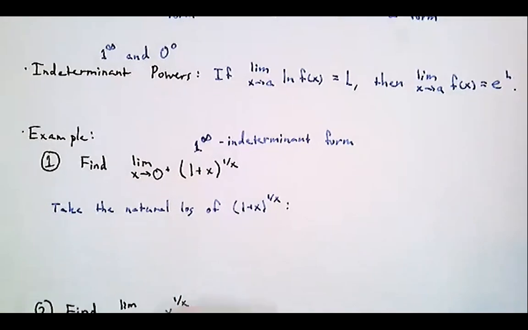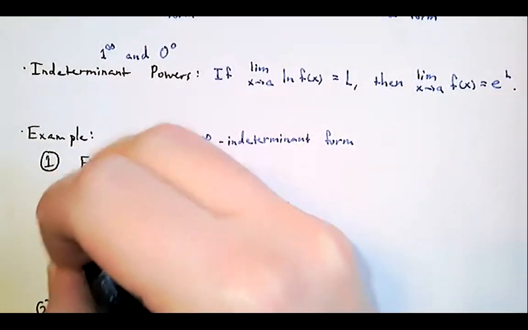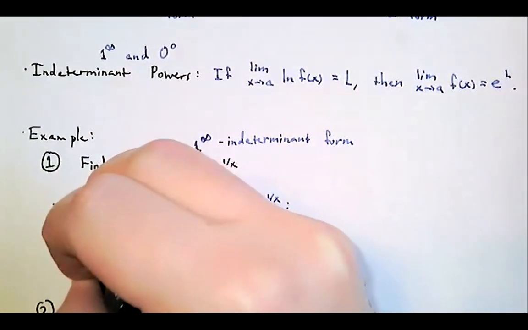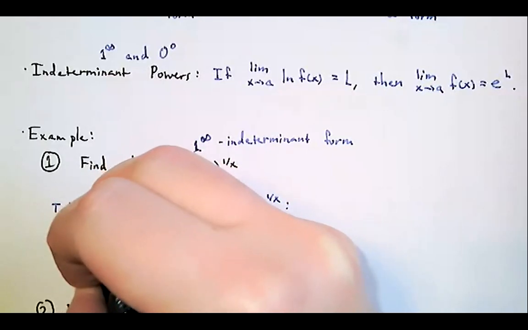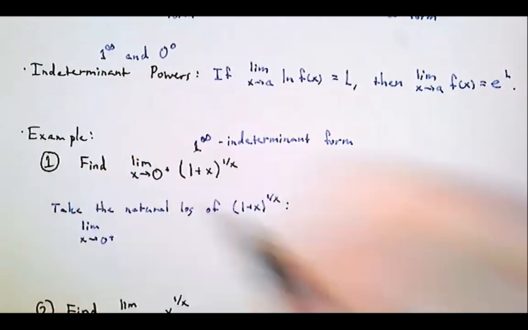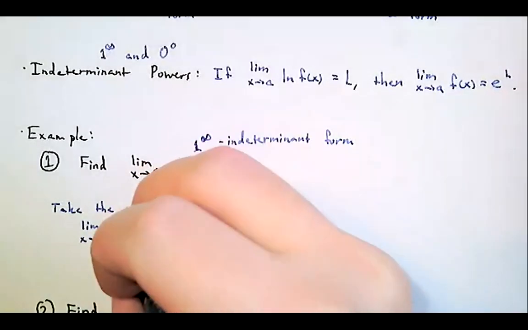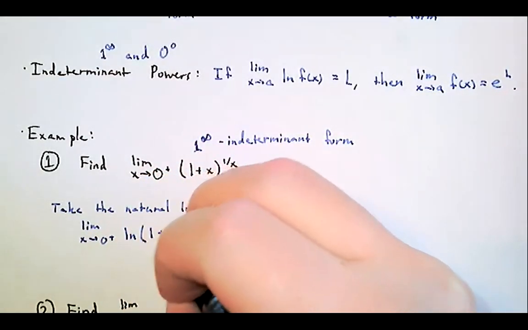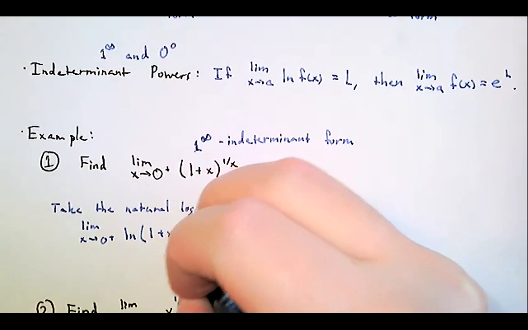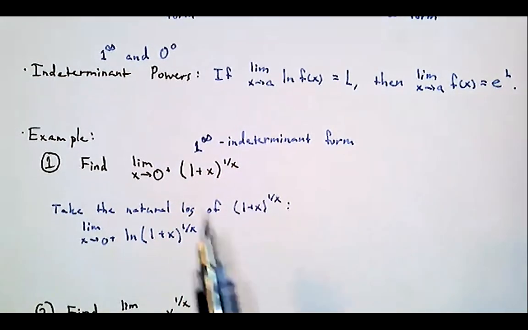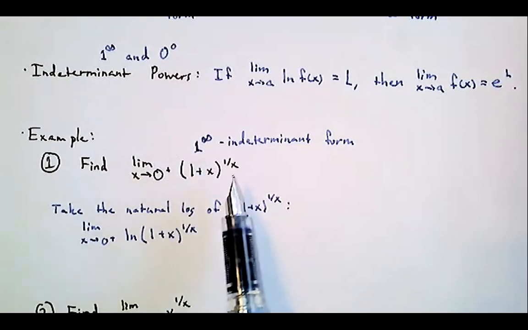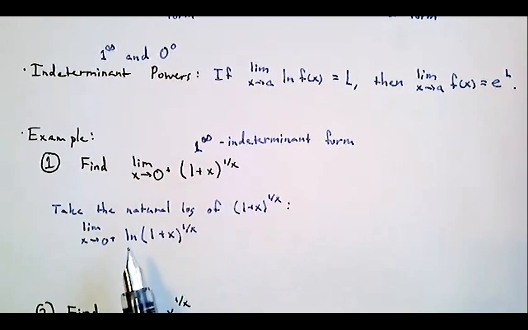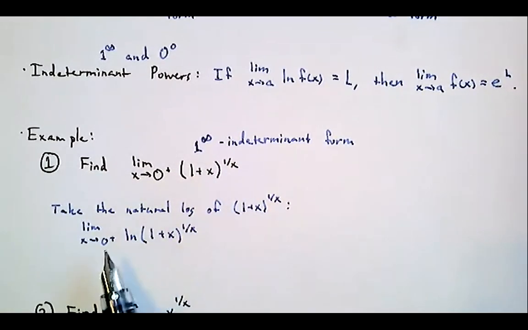Let's see, I guess I need to work down here so that we actually have room. We're going to do the limit as x goes to 0, and then we're going to take the natural log of the function. Okay, so all I've done is I've taken the original function, and instead of doing that, I'm finding the limit of the natural log of it.